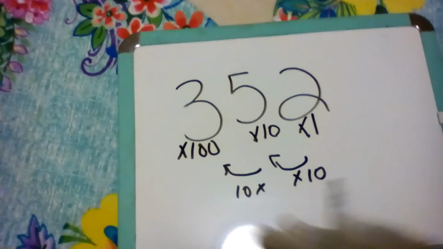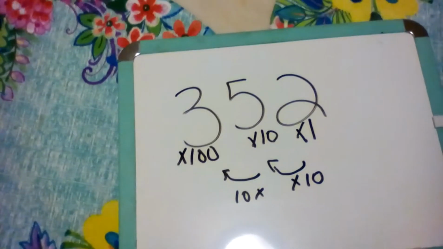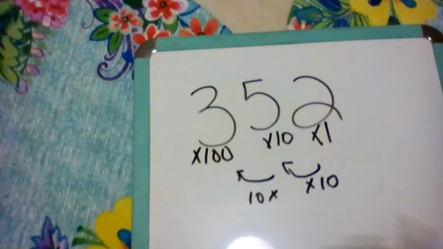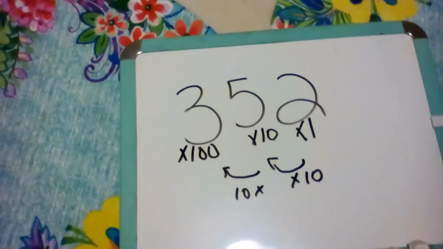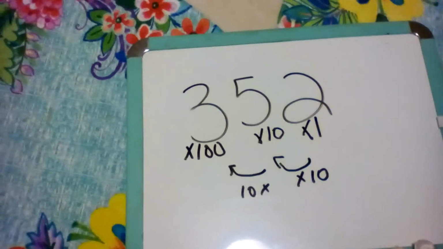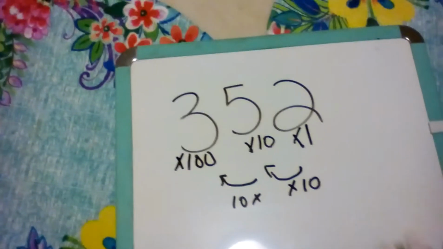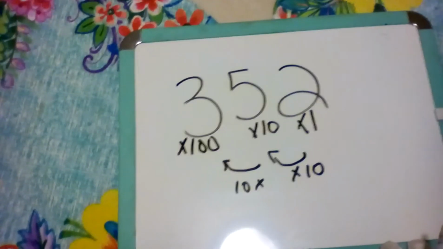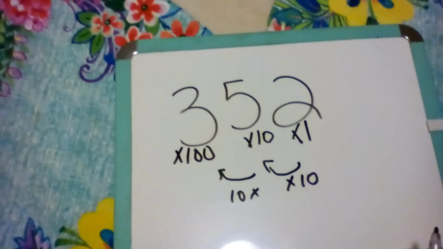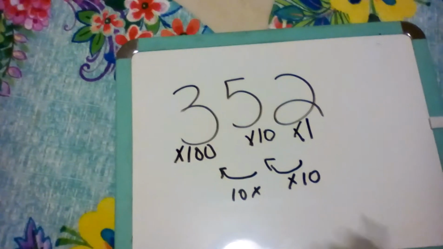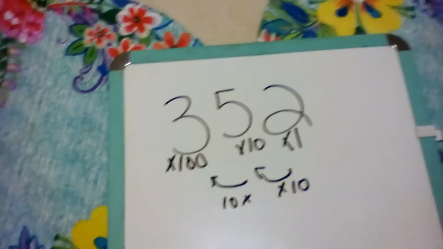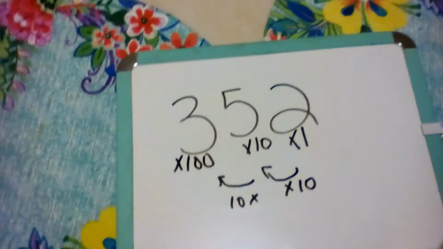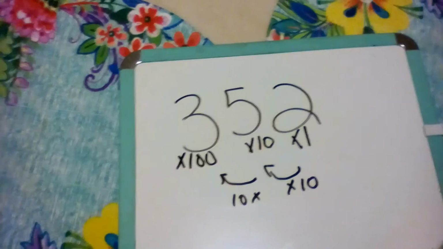So as we move to the left in a number, we multiply times 10 to get the value of the place value, right? As we move to the right in a number, we divide by 10 to get the value of a place. So the farthest right of a number is going to be the ones place. It's going to have the lowest place value.